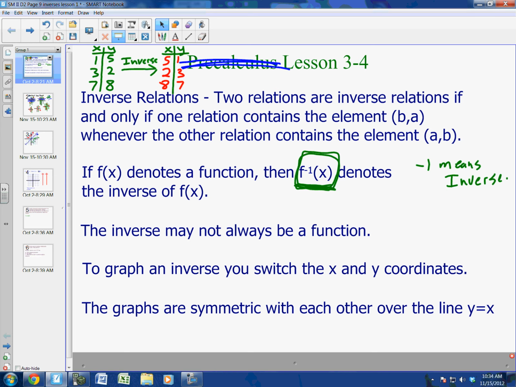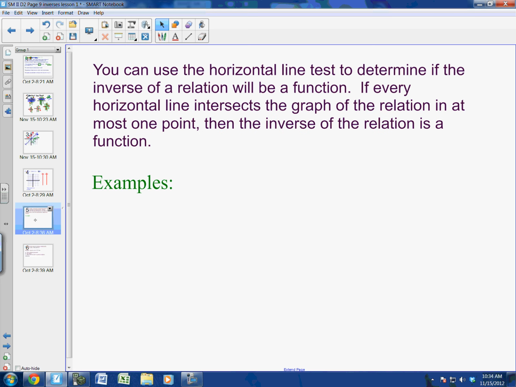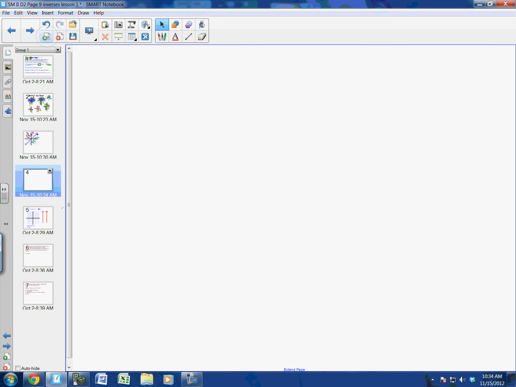What I'm going to do now is teach you guys inverse relations algebraically. This is what we're doing today. Everything was just an introduction to what we're doing.